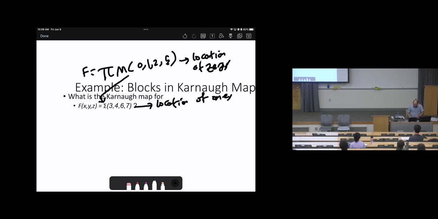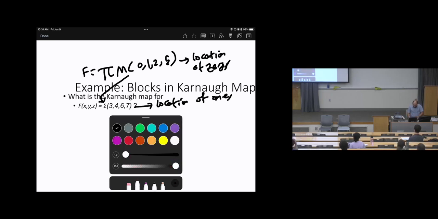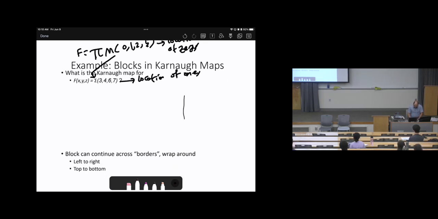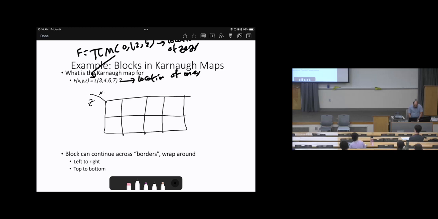So the next step, draw the table. So here is z, here is xy, 00, 01, 11, 10, and here is z, here is x, and here is y, m0, m1, m2, m3, m4, m5, m6, m7.